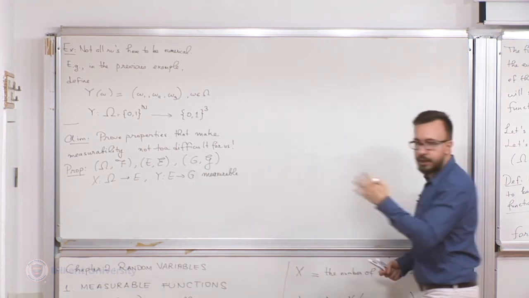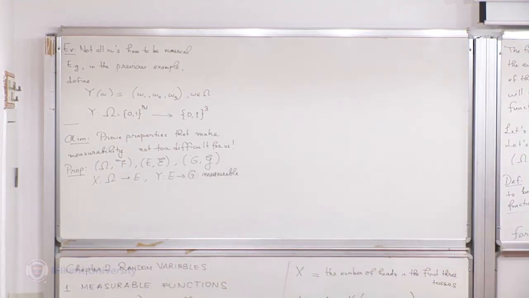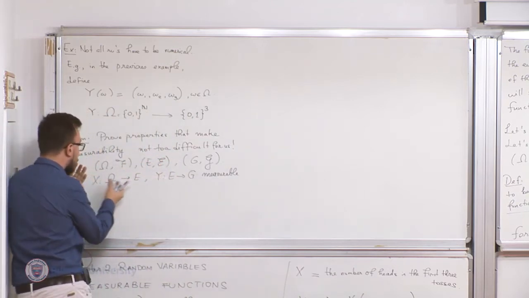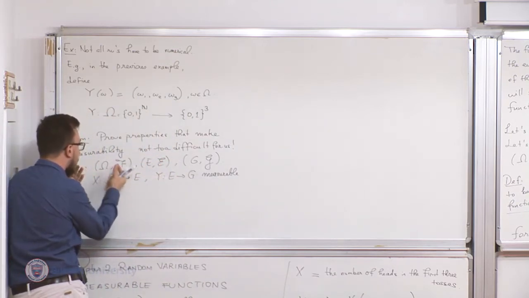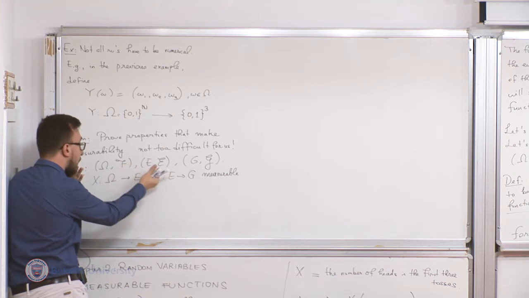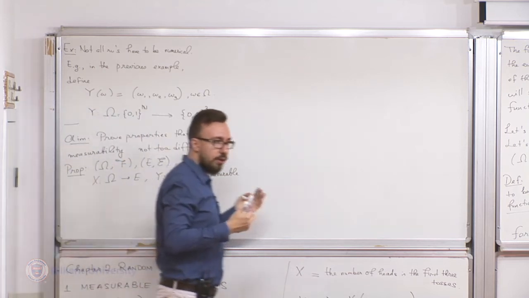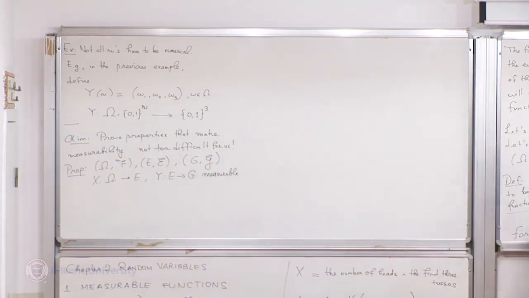I'm not going to say with respect to which sigma algebras, because we only have one sigma algebra for each space. So X measurable means X is measurable with respect to F and script E, and Y is measurable means it's measurable with respect to script E and script G. Okay? So we have only one sigma algebra for each space.